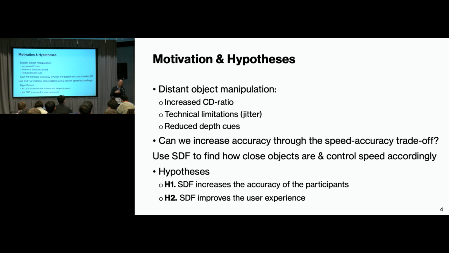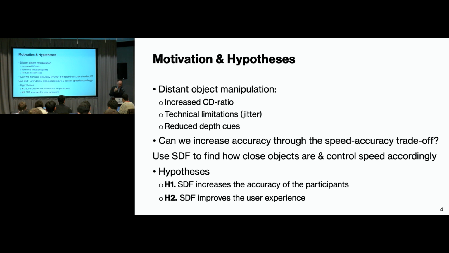So we have multiple sources of jitter that make this task difficult at a distance. And at a distance, we also potentially have reduced depth cues, because once we get beyond 3 or 10 meters in particular, stereo cues fall off very quickly, and stereo does not add much value at that distance.